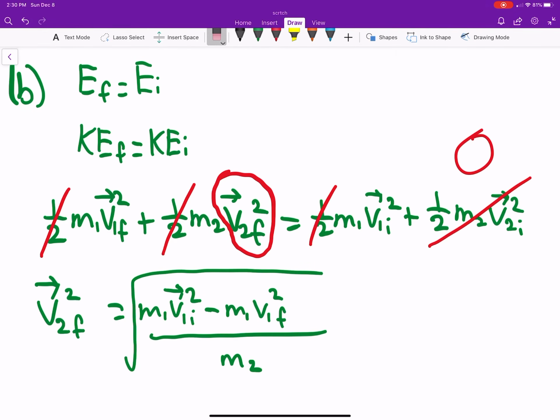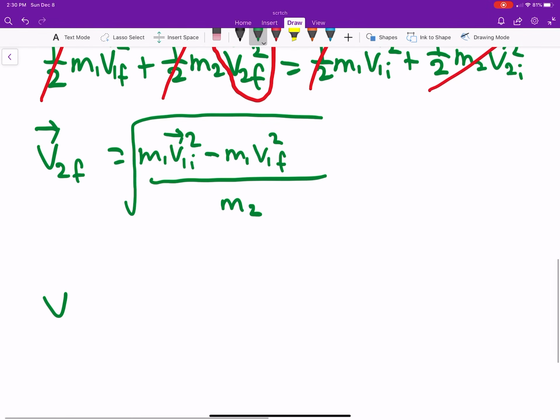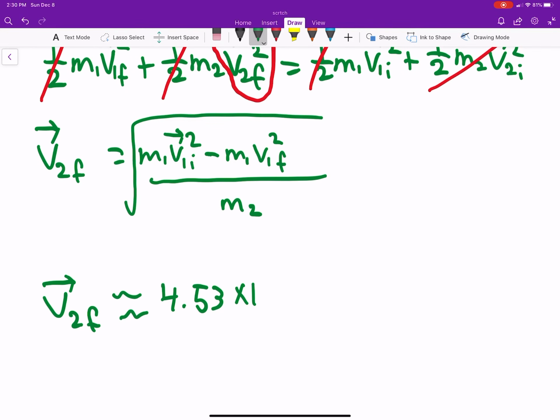And then if we take the square root of that, we should get our answer here. Cool. So if you were to plug this in, you should get about 4.53 times 10 to the 6 meters per second.